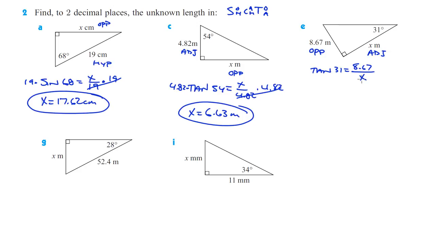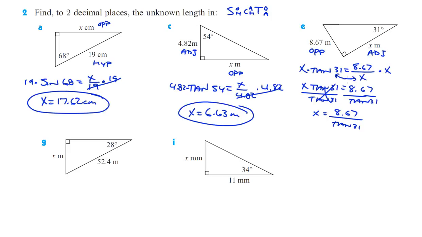So really what we're doing is multiplying both sides by x, and we'll get x tangent 31 equals 8.67, and then I'm going to divide both sides by tangent 31. So x equals 8.67 divided by tangent 31. The easy way to do this is I always just know that if my x ends up in the denominator, then I just switch these two things: my x goes here, and my tangent 31 goes here.